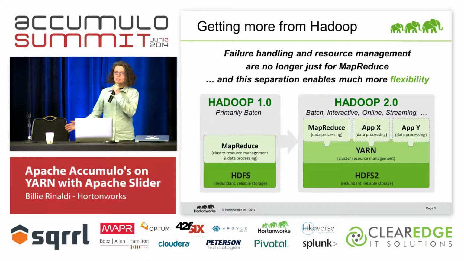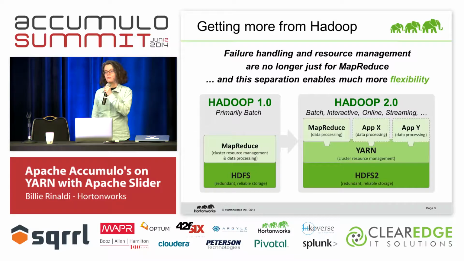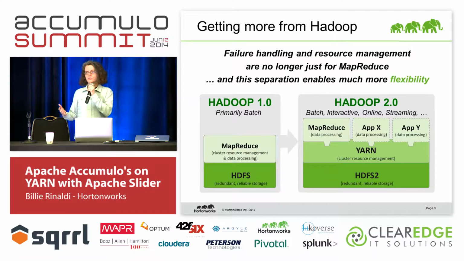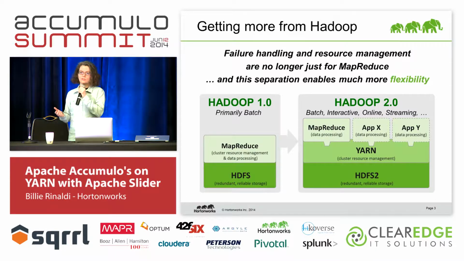So in the beginning, there was Hadoop 1, and there wasn't really any sort of resource management framework. MapReduce had its own resource management along with its data processing model. But if you wanted to run another application on top of HDFS, you either had to try to execute your app as a MapReduce job, or you were left to do a lot of manual resource management.